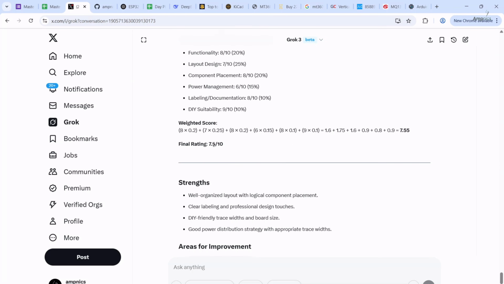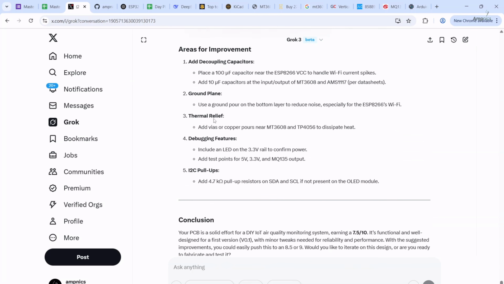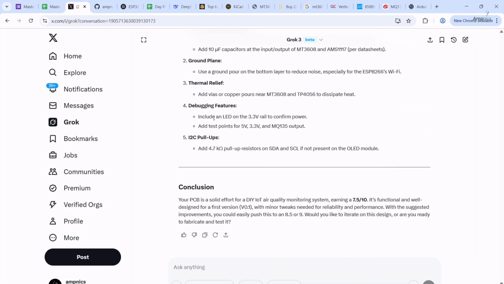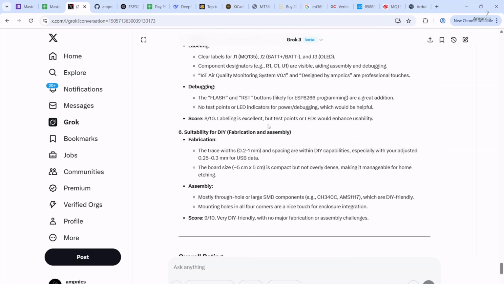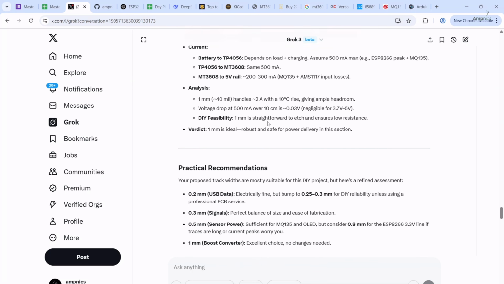Okay, so 7.5, or you can consider 8.5 also, which is considerable. Well, you can try your design and upload it in Grok and ask it about your result. Okay, so in this way you guys have seen how we can design hardware using AI tools.